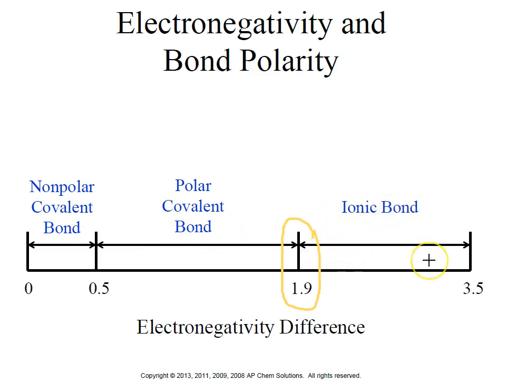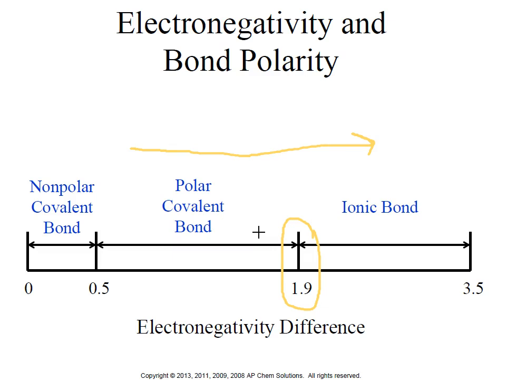But in reality, they probably have characteristics of both. So as the electronegativity difference between two atoms gets bigger, the bond becomes more and more ionic. And we just chose this arbitrary number to say at 1.9, that's where we're going to say it's ionic, because we need a way to organize. But it probably has properties of covalent there too.